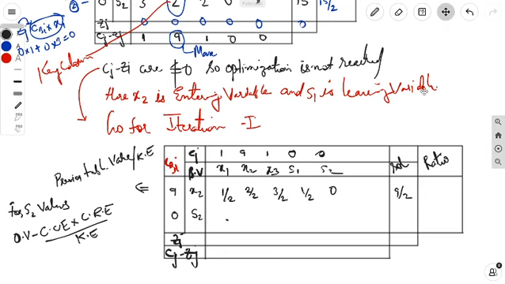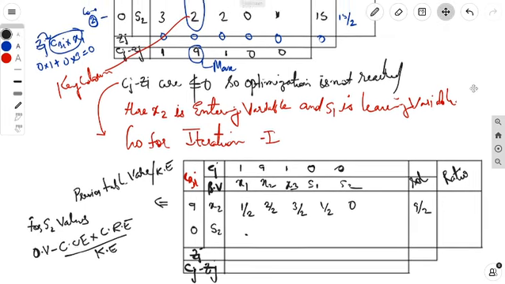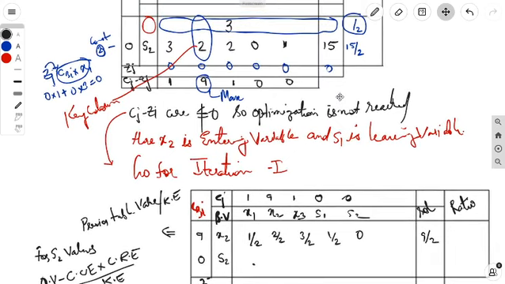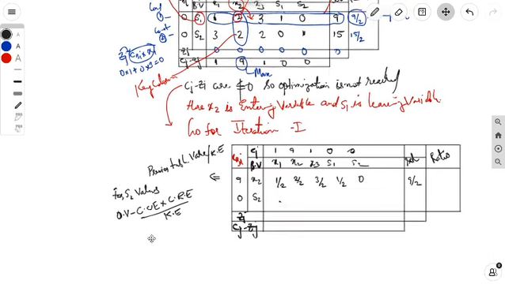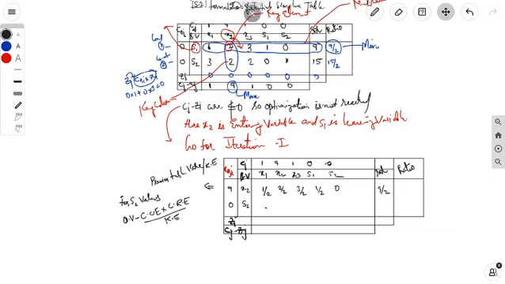For example, this value here, what does it become? Look at here, I will be calculating this value and I will show you. Here what we have? We have 3 over here, right? So old value is 3, minus, look at the S2 column in previous table, corresponding column element is how much? 2.